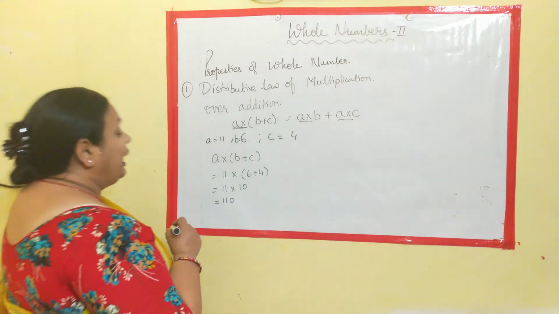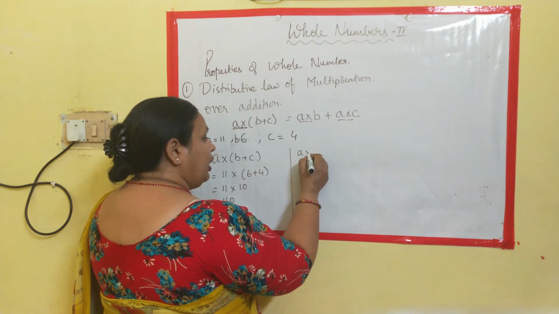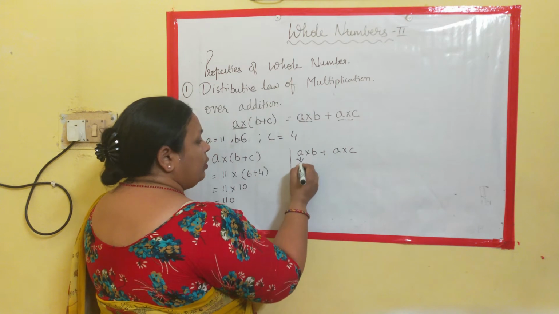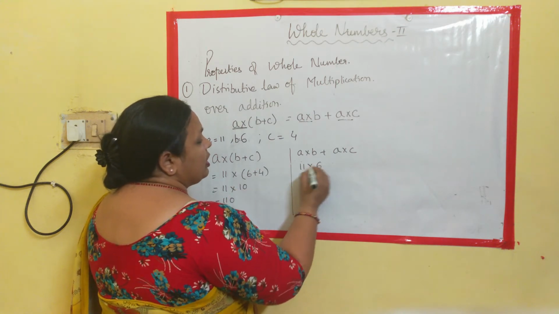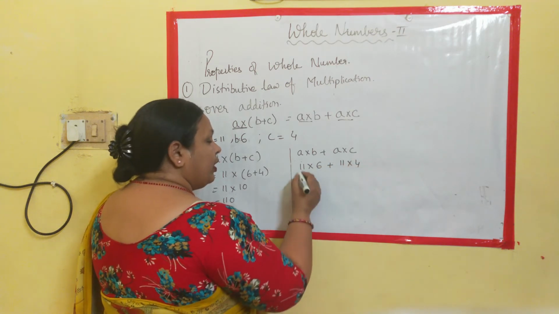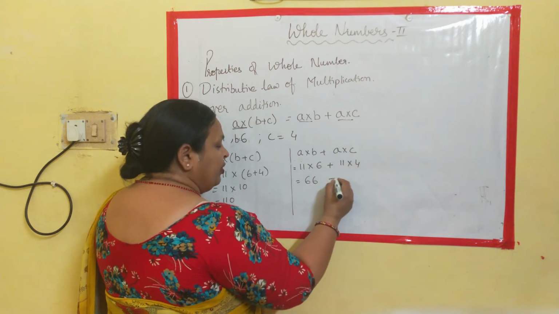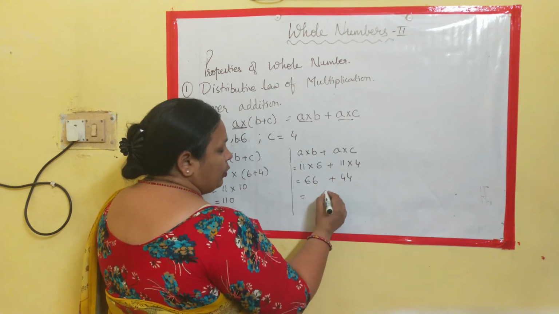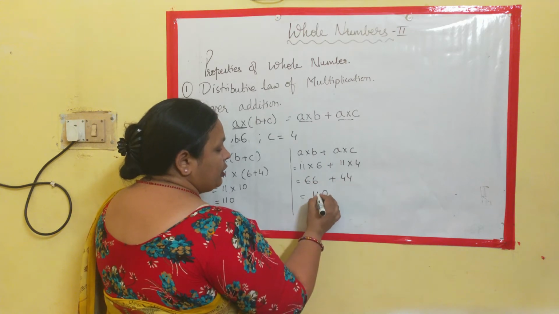Now let's check when we are multiplying it as A into B plus A into C. What is the value of A? A will be substituted by 11 and B with 6. Similarly, A with 11 and C by 4. 11 sixes are 66 plus 11 fours are 44. 6 plus 4 is 10, 1 carry. 6 plus 1 is 7, 7 plus 4 is 11.